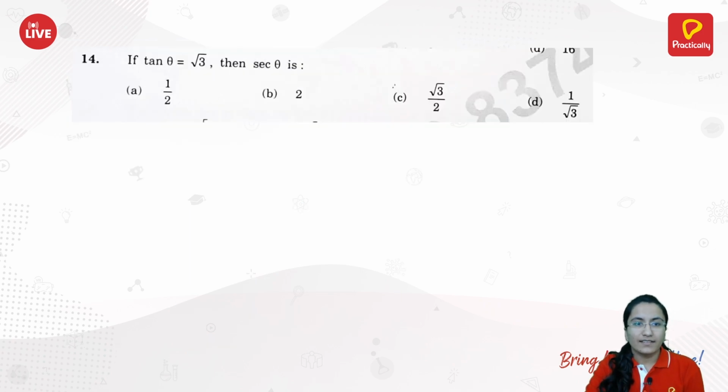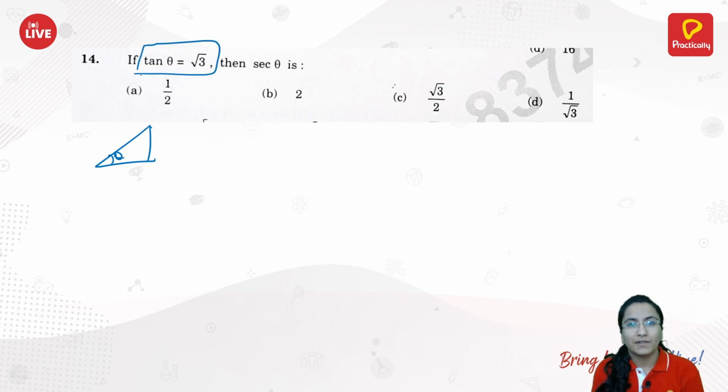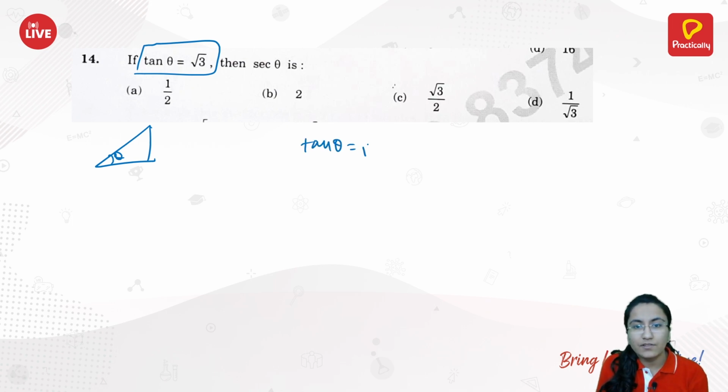Next question is, if tan theta is equal to root 3, then secant theta is. There were 2 to 3 ways to solve this question. You can draw the triangle and take this as theta and proceed, but there was an easier way to solve this also. How? Tan theta is equal to root 3.